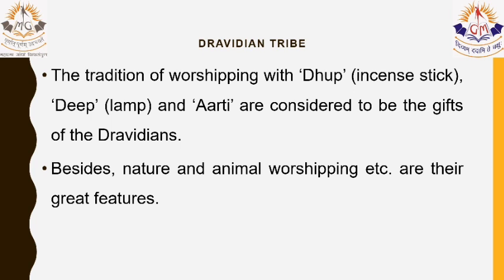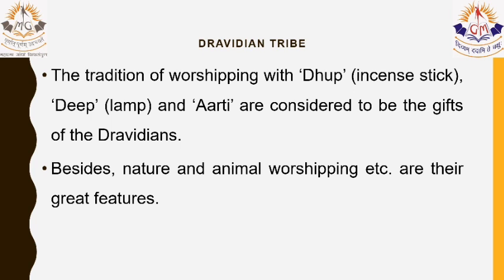Besides, nature and animal worshipping are their great features. They not only worshipped gods and goddesses and the natural elements, they also worshipped many of the animals. For example, even today Nandi and the cow are worshipped.